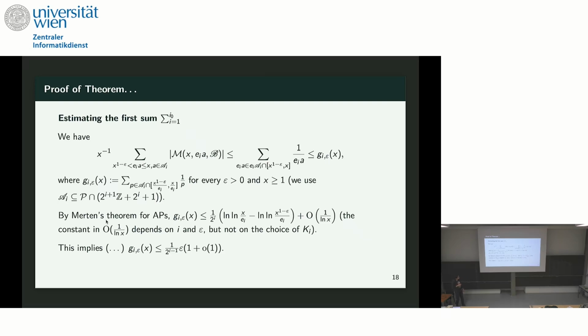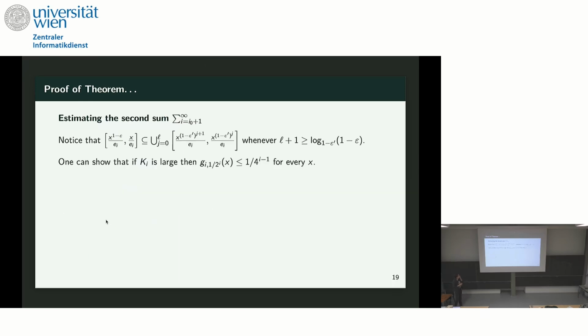The constant in here does depend on I and epsilon, but it doesn't depend on the choice of Ki, which is important later in the proof, so that we can play around with Ki independently. And this in turn implies, and by this I mean there is work to do, but a first-year student should understand it, some standard analytical computations that give you this estimate. And finally, you plug this in and you get that this finite sum is smaller or equal to epsilon.